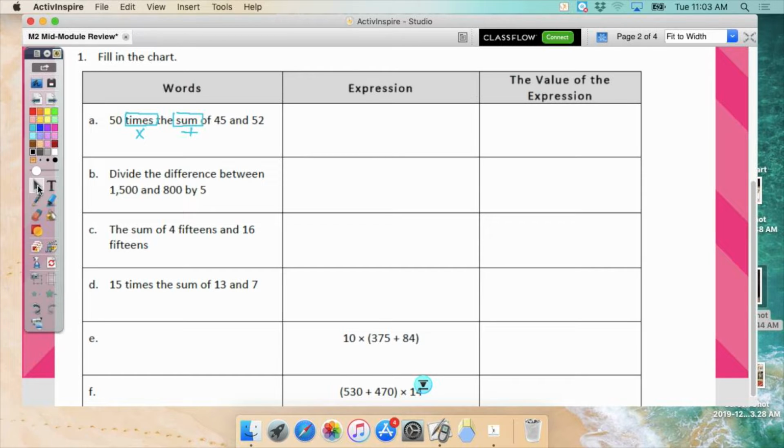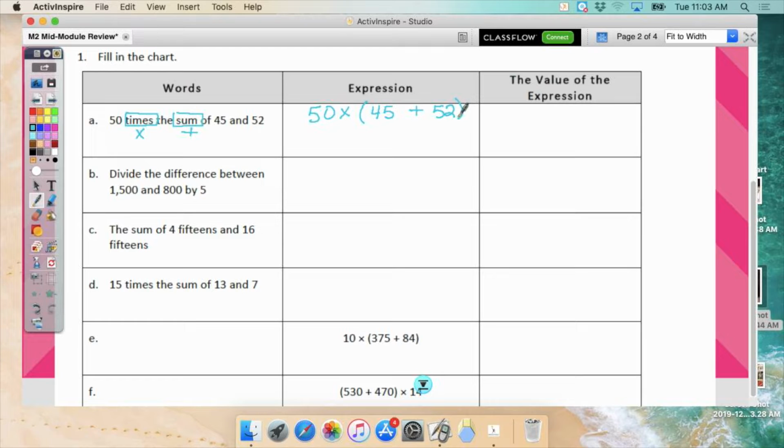Okay, so my numbers are 50 times 45 and 52. Now notice how I wrote it kind of up above that box, in the top part of the box.